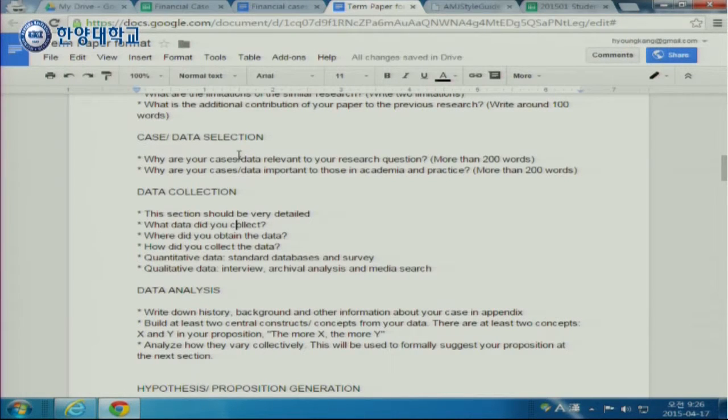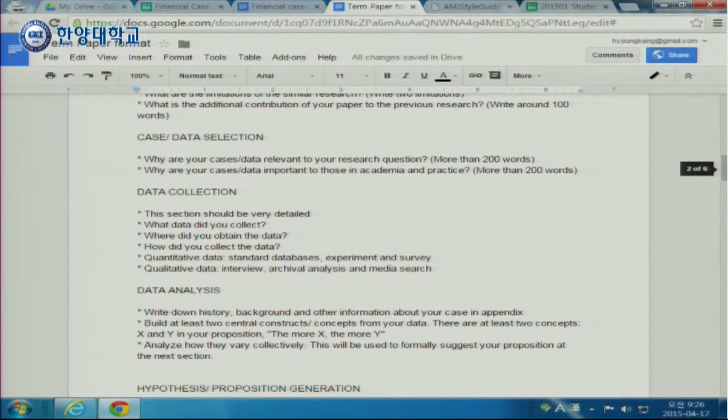The data can be qualitative or quantitative. Quantitative data is like a standard database or survey or experiment. If you collect qualitative data, it may be interviews or archival data analysis or a media search about a particular subject or event.